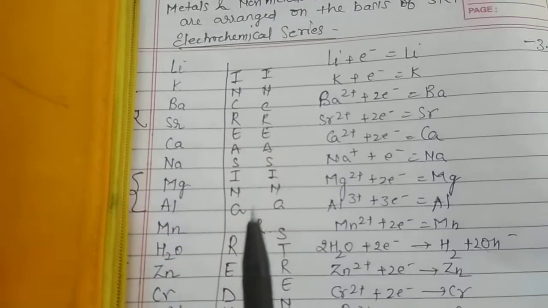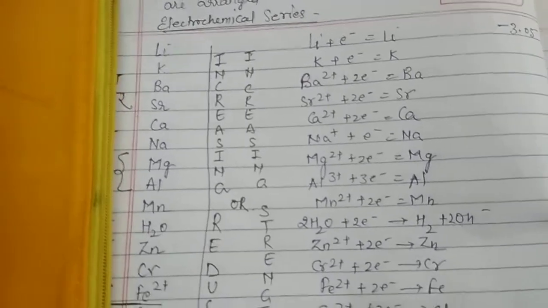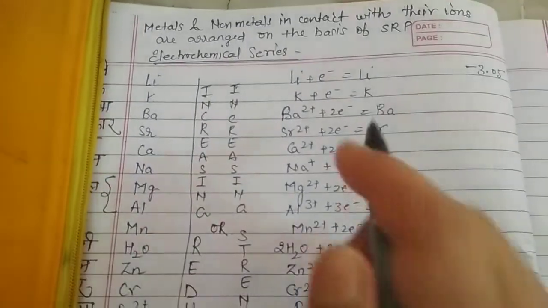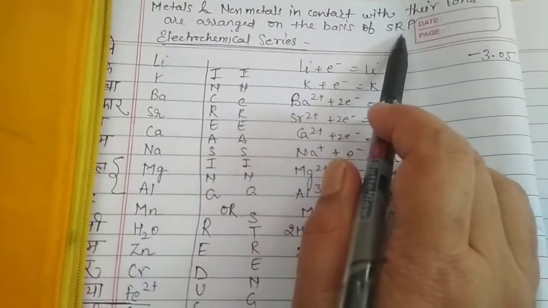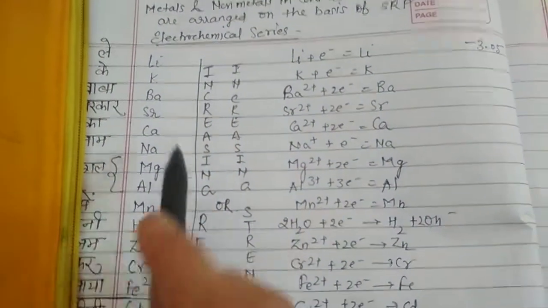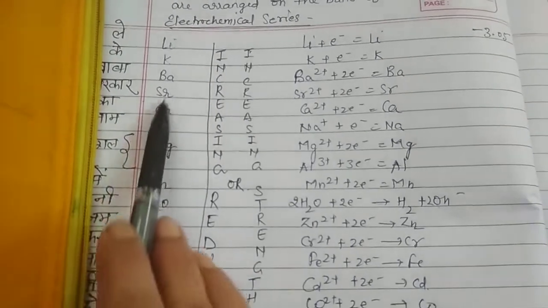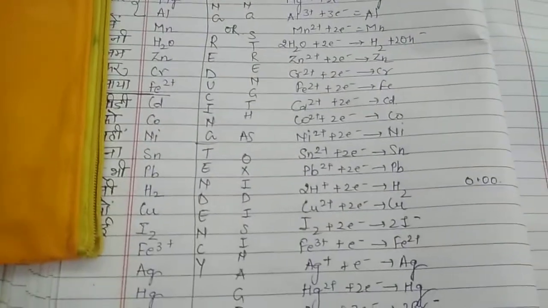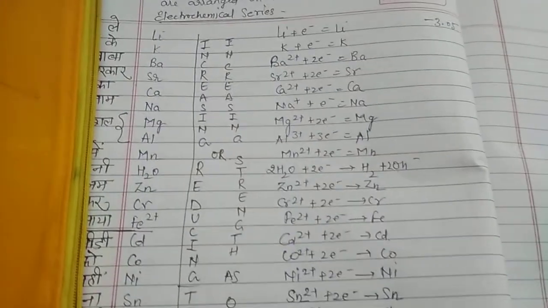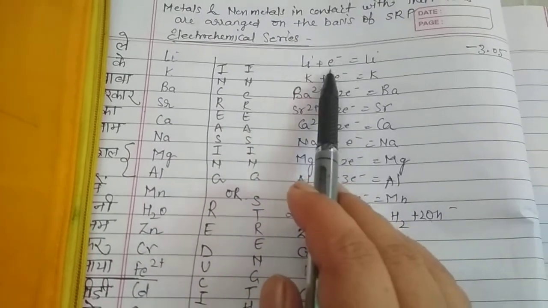I have taken a number of important members of the electrochemical series. As I have told you, it is on the basis of standard reduction potential that has been calculated with the help of SHE. So here we have a number of members: lithium, potassium, barium, strontium, calcium, sodium, magnesium, and so on in the series. Here we see the electron accepting tendency of these metals and non-metals.